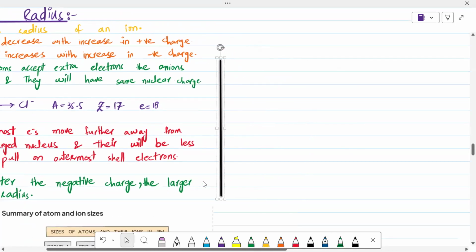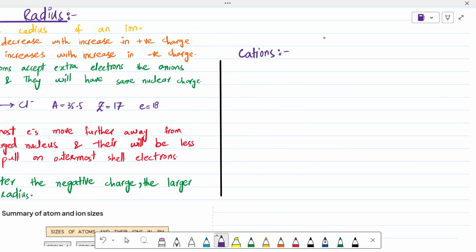Now when we talk about the cations, how will cations form? By losing electrons or gaining electrons? Losing electrons.